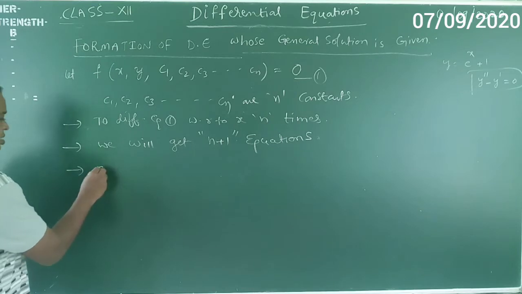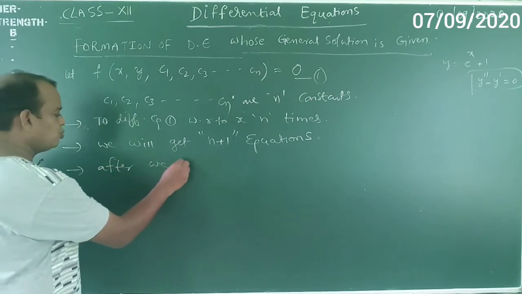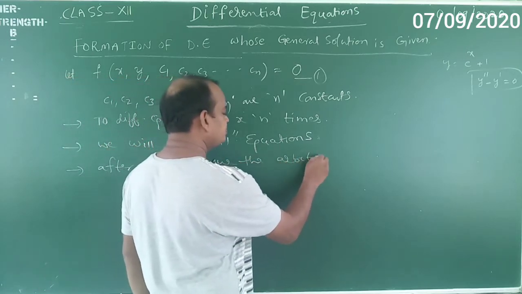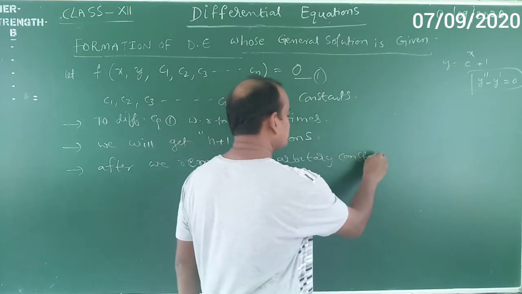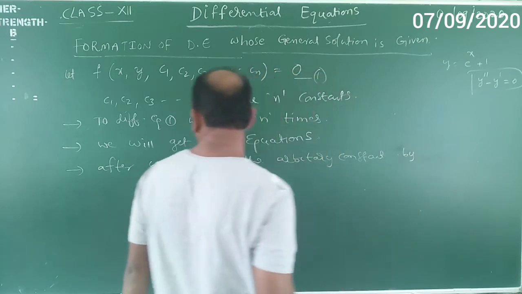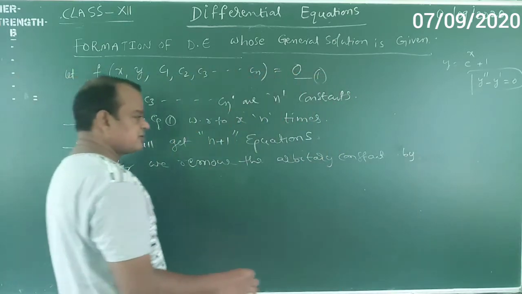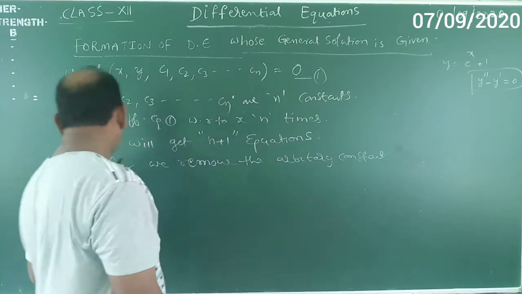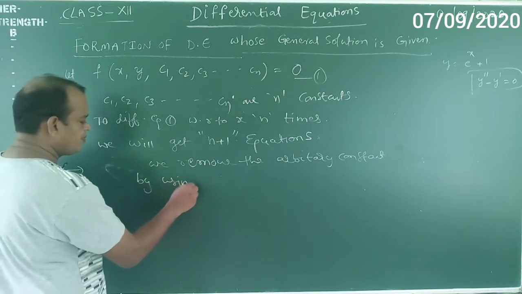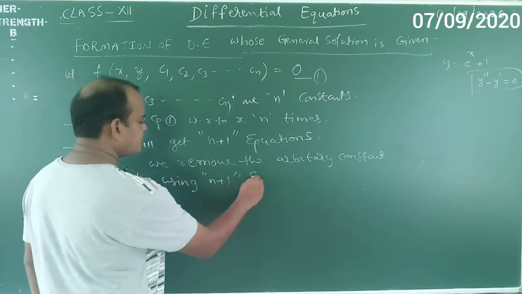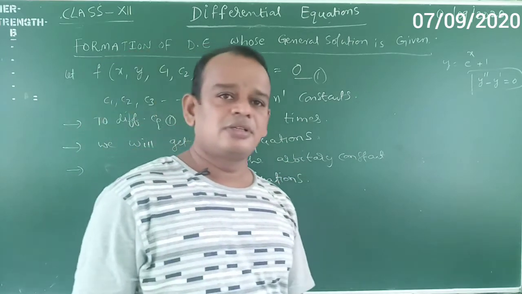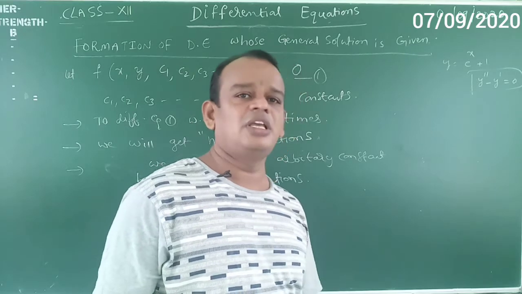After we remove the arbitrary constants by using n plus 1 equations, now we will get the differential equation.